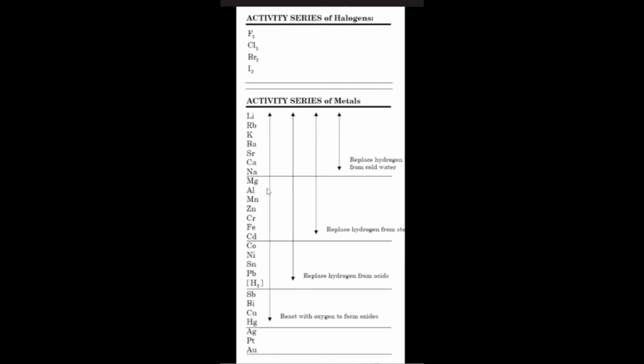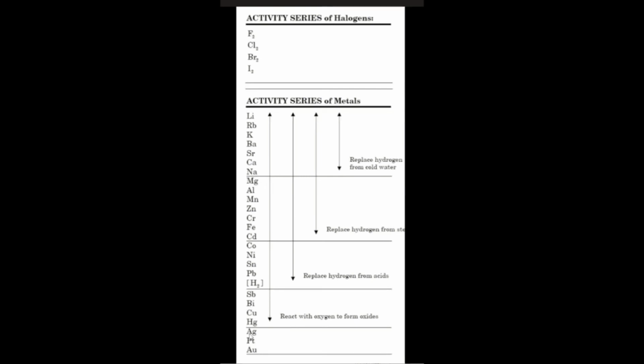So in this example, magnesium is kicking out silver, and it can kick out silver because it's higher on the activity series. If instead you had Ag reacting with MgCl2, Ag wouldn't be able to kick out Mg because Ag is lower on the activity series.